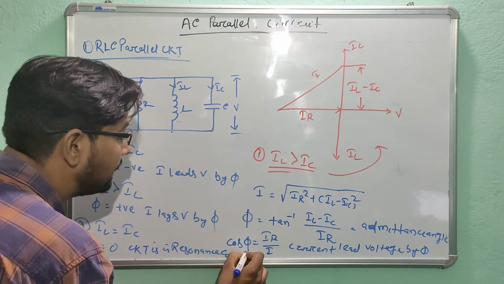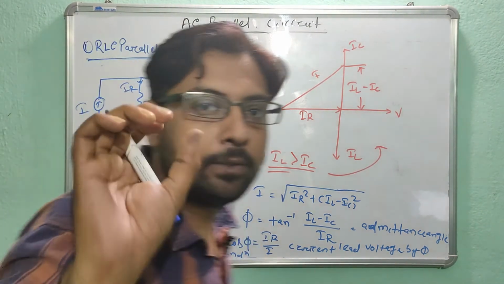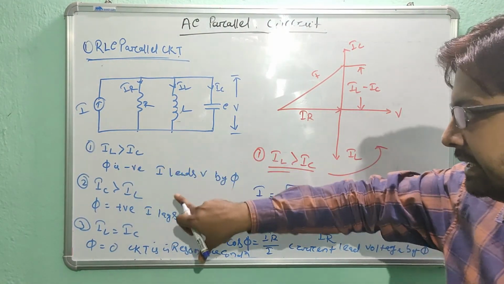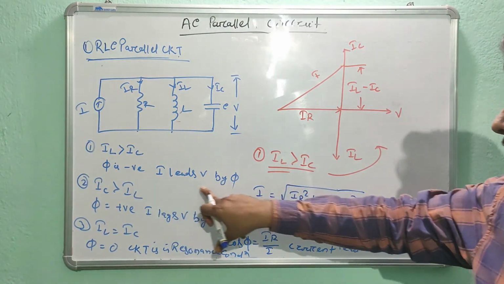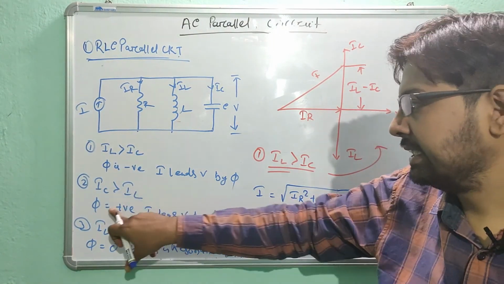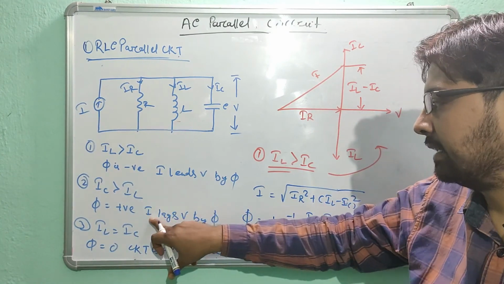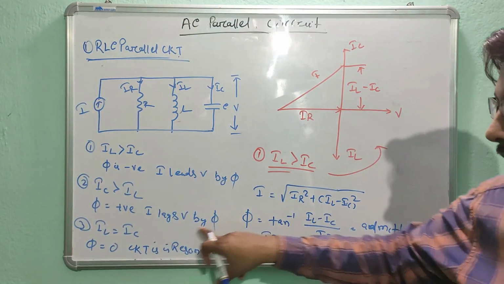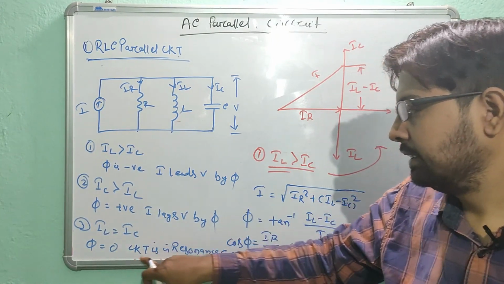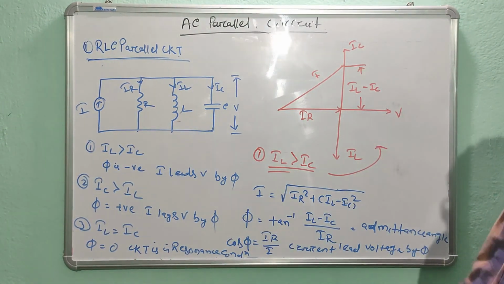So for the RLC parallel circuit, you have to draw three conclusions. If IL is greater than IC, then phi is negative, that is current leads the voltage by phi. If IC is greater than IL, then phi is positive, current lags the voltage by phi. And for IL equal to IC, phi is equal to 0, that is circuit is in resonance condition.